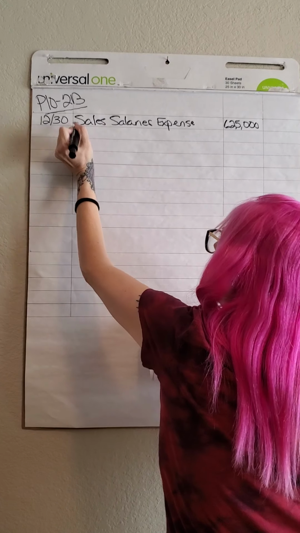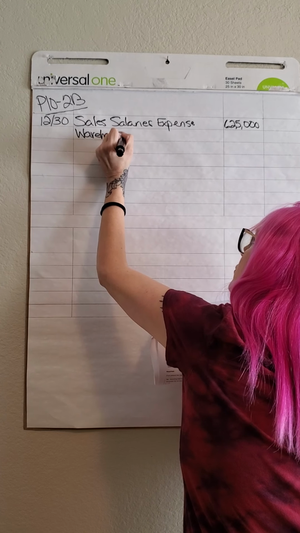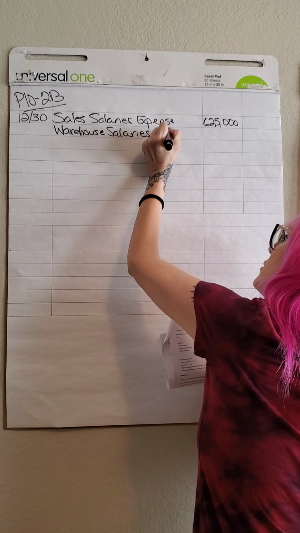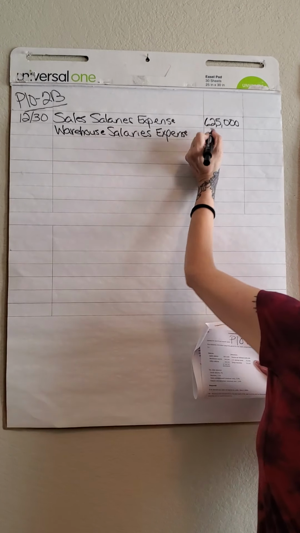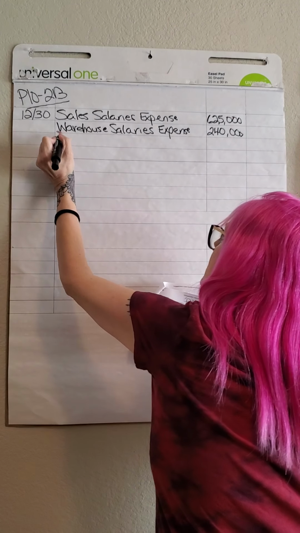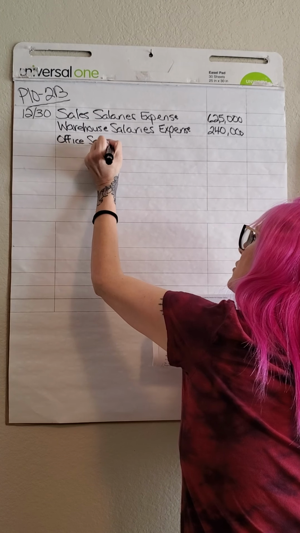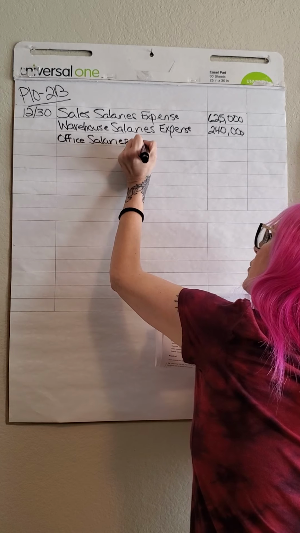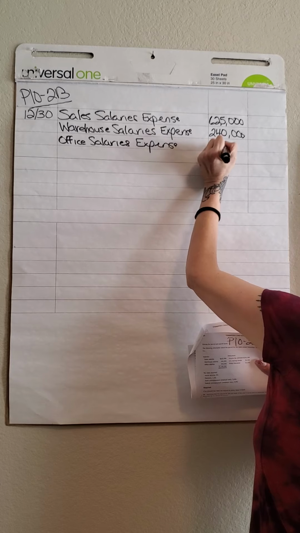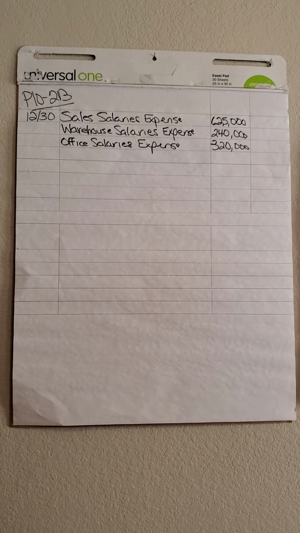We're going to have warehouse salaries expense for $240,000. And then the last debit is going to be the office salaries expense for $320,000.